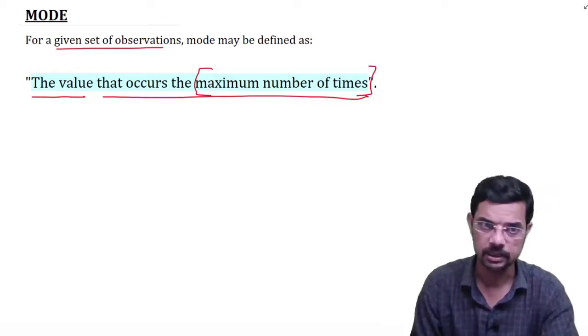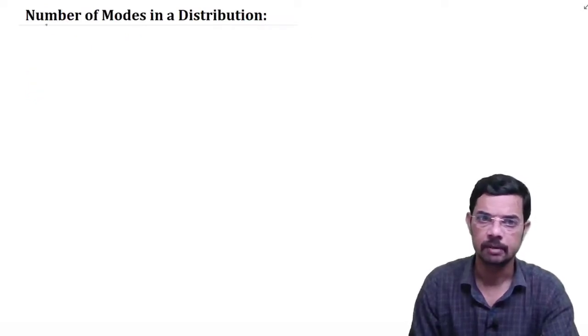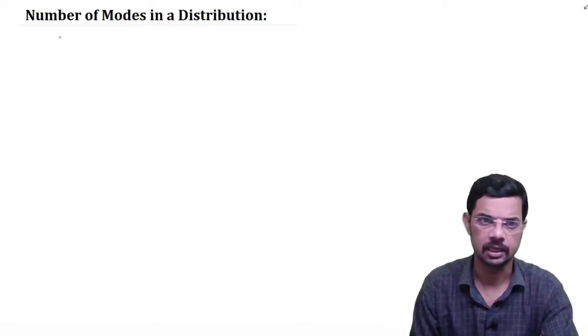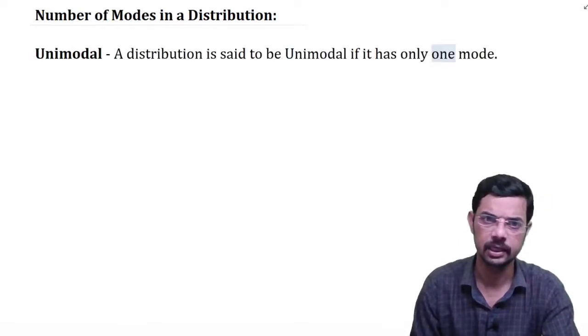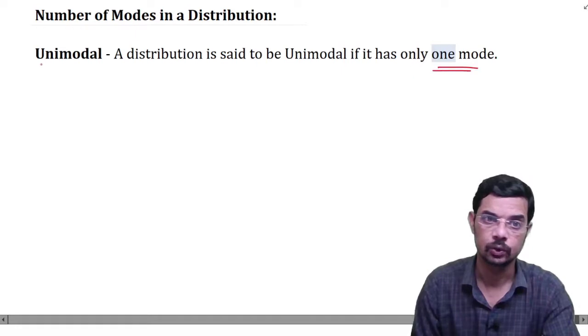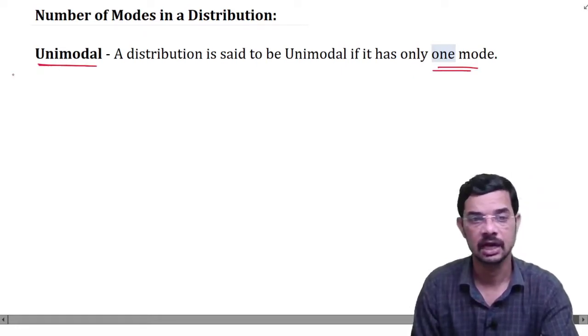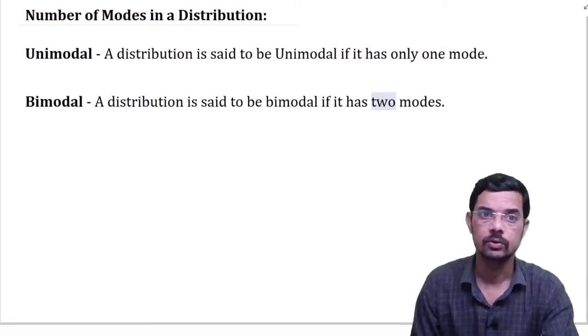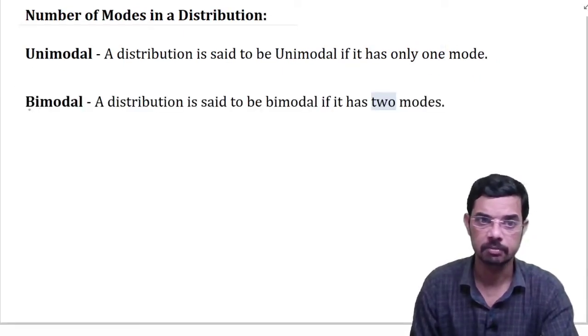Let us now discuss the number of modes in a given distribution for a given data. In case the data has only one mode, then we say that it is unimodal. In case it has more than one mode, the possibility is that it is bimodal.